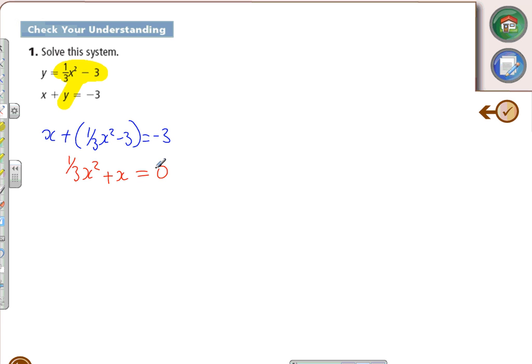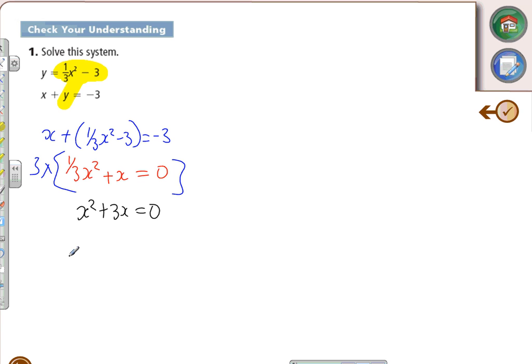I don't really like having this fraction. I'm going to get rid of the fraction by multiplying the whole thing by 3. Both sides of the equation, if you multiply every term, it's still going to be the same. So that's going to be x squared plus 3x still equals 0. This is going to be a little bit easier to work with.